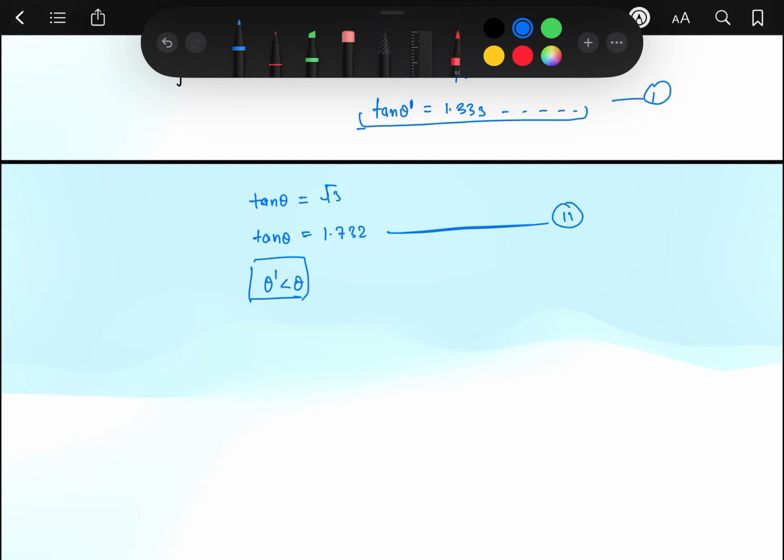That means if this was our inclined plane and you start increasing this theta, then at a particular value of theta dash that is less than this theta, this block will topple. So before the condition that it will start sliding comes, it will just topple down.